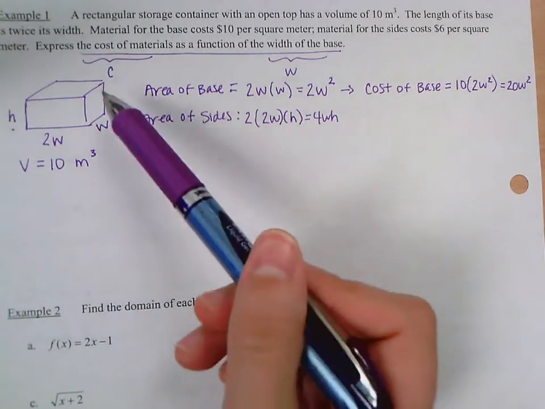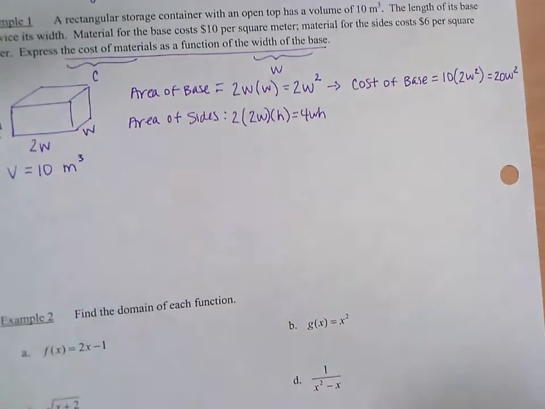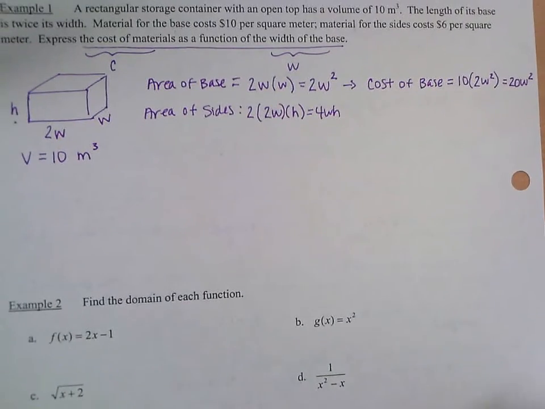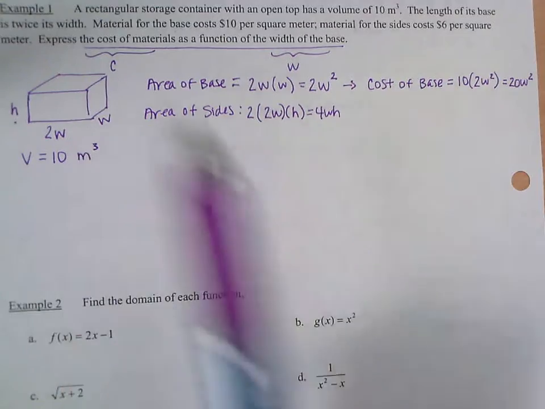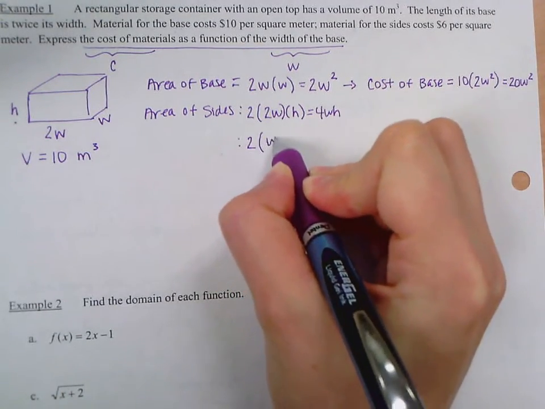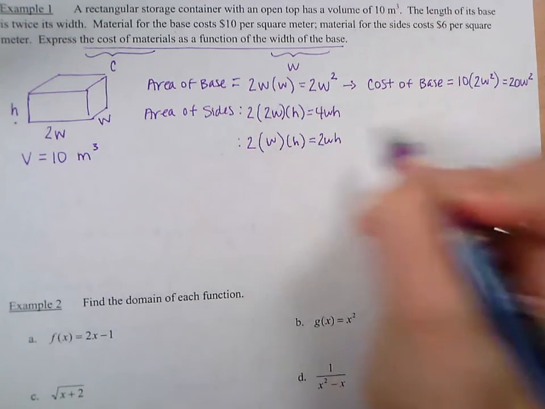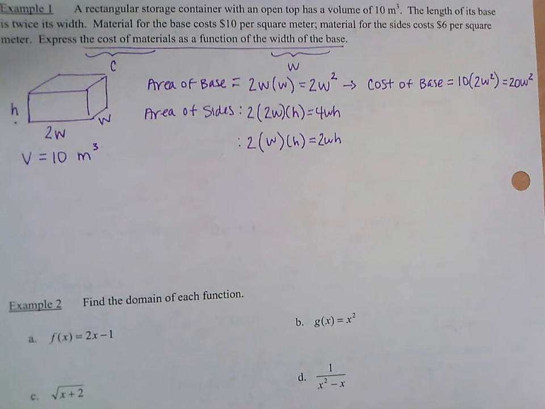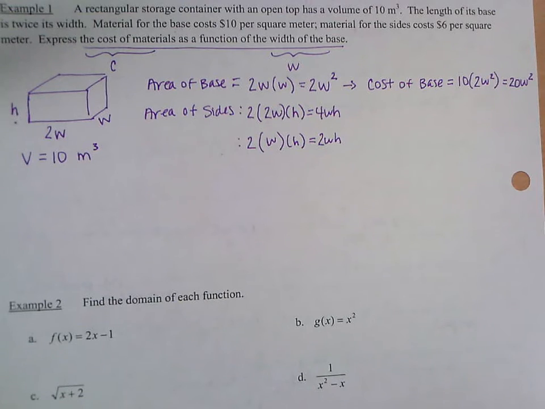And then based on how I drew this, the sides that are on the side, those would have an area of W times H. And I have two of them. So 2 times W times H, or just 2WH. So I will be able to put these together so that the area of all four sides then is 6WH.